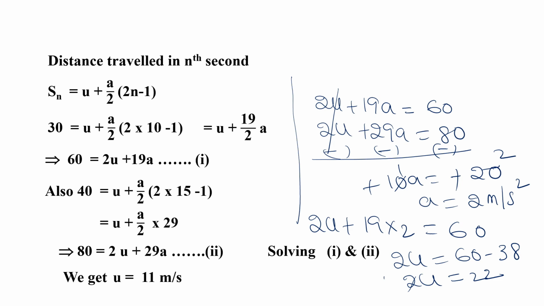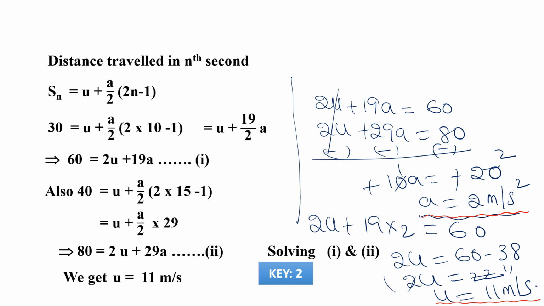So 2 ones are 2, 2 elevens are 22. U is equal to 11 meters per second. This is the initial velocity. This is acceleration, and acceleration is 2 meters per second square, and initial velocity is 11 meters per second. Second option is correct.